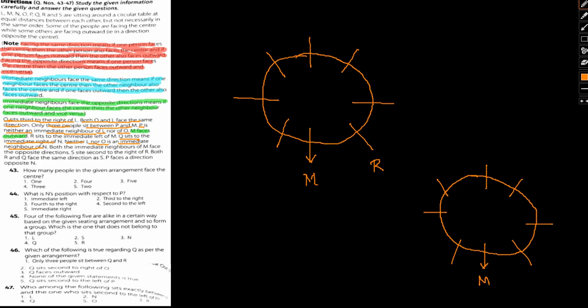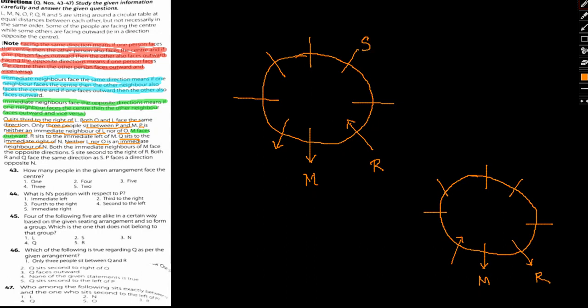In one case, let me draw R faces inside, and this one faces outside, and this one faces outside and this faces inside. So R is here. The immediate neighbors of M face opposite directions. S sits second to the right of R, so S will be here.